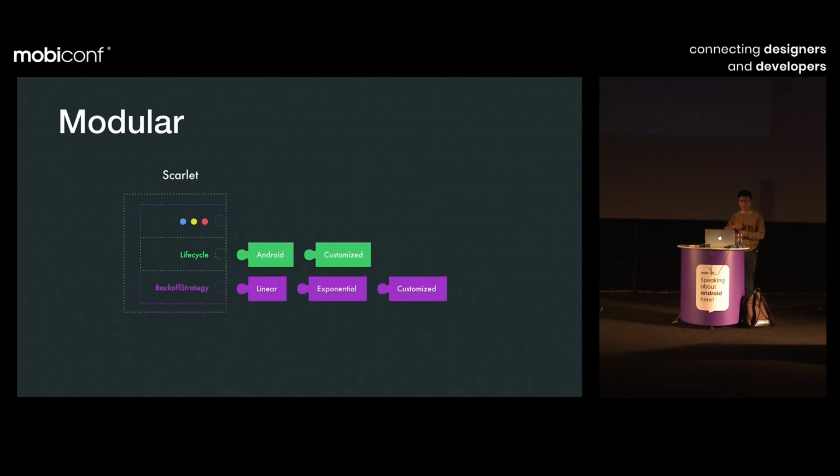When a lifecycle is on, Scarlet uses the back-off strategy you provide to calculate when to retry if the connection fails. These plugins allow Scarlet to take over state management from you so that you don't need to write any spaghetti code. More on this later.